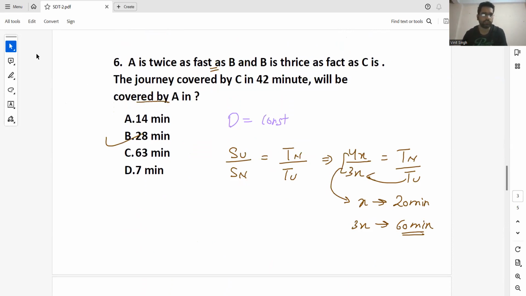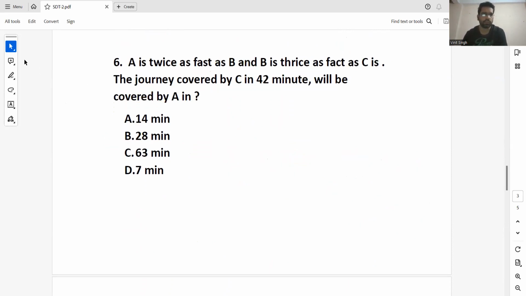Now, the next question. A is twice as fast as B. B is thrice as fast as C. Now we will take the speed of C as x. B becomes thrice, 3x. A is twice of B, so the speed of A becomes 6x.